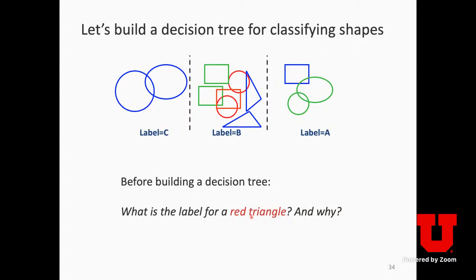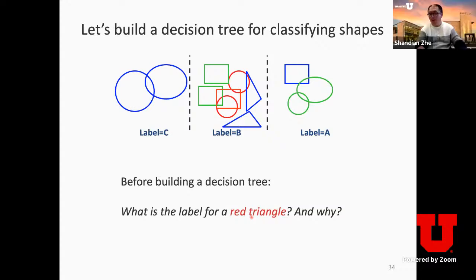Label B, maybe, because the B category is the only category that has red items inside it. Yes, exactly. All the red shapes, no matter what actual shape they have, belong to label B. So given a new red triangle, we can label it as B.